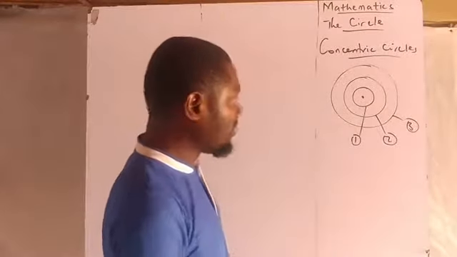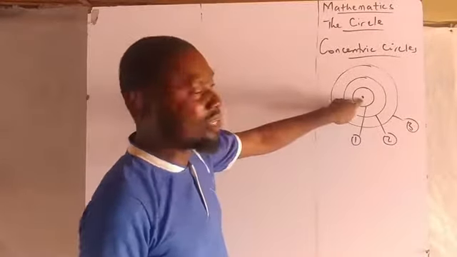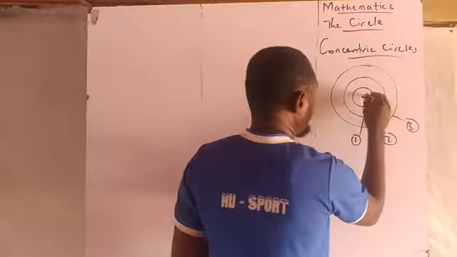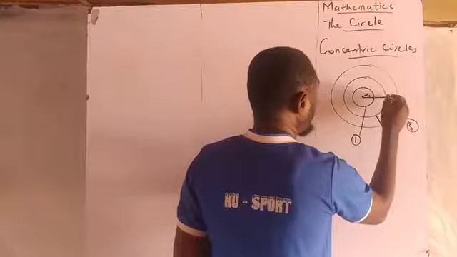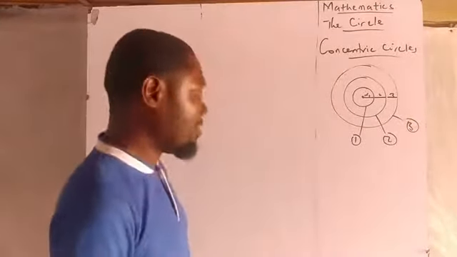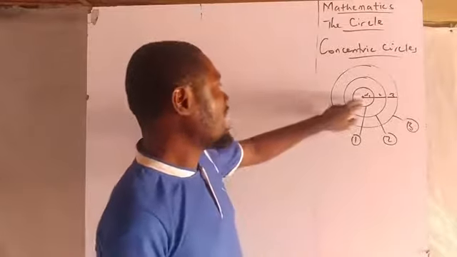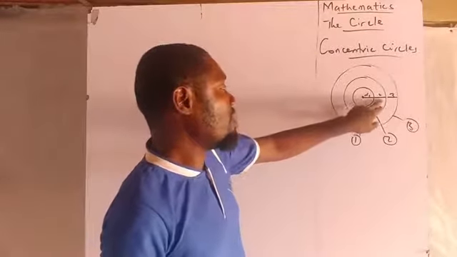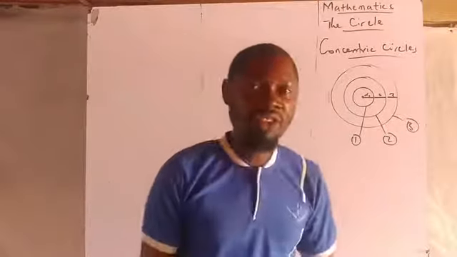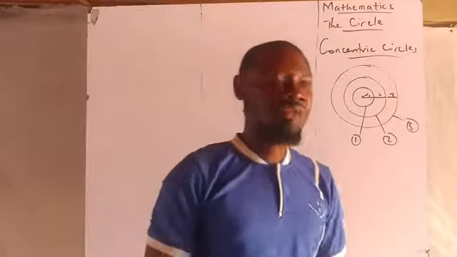They have the same center, but different radii. Look. Radius 1, radius 2, radius 3. They have different radii. This one has its own radius, different radius, different radius. So 2 or more circles having the same center, but different radii.